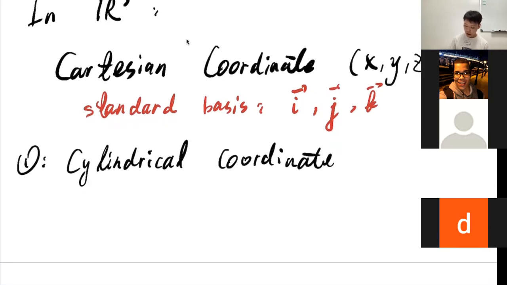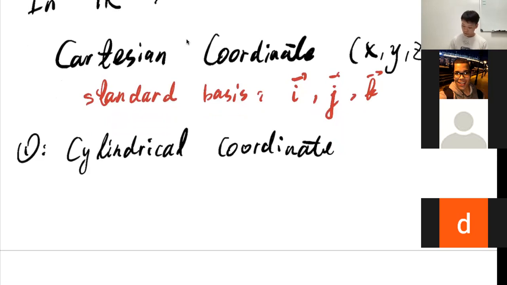In this case, we keep the z coordinate, and we change the x and y coordinates into polar-like coordinates, r and theta.